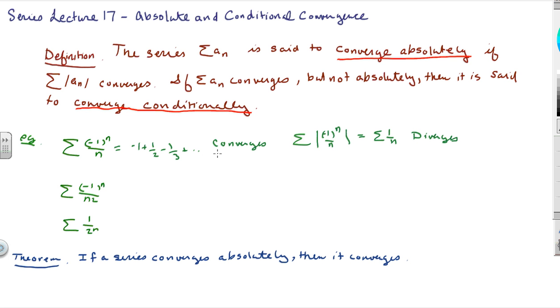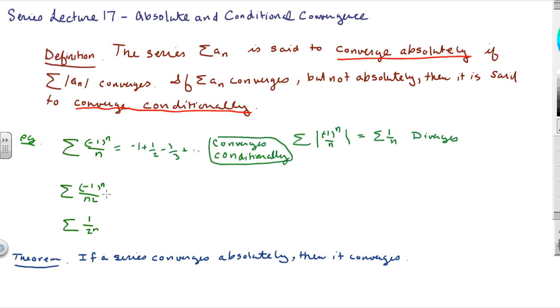So this converges conditionally, not absolutely. The series of its absolute values does not converge, so it converges conditionally.